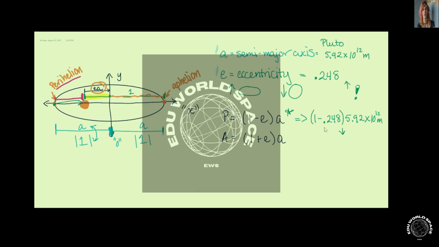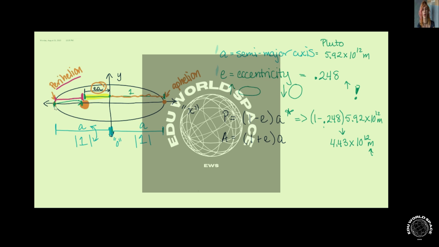Make sure you're doing this value first before you multiply in, right? So you should be getting something around 4.43 times 10 to the 12th. So that would be meters. Remember our units. That would be the distance, once again, between the sun and Pluto when Pluto is at its closest point.